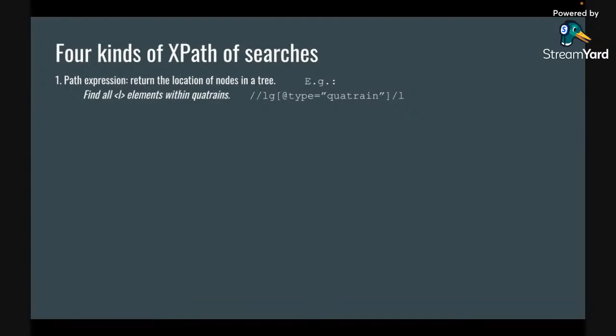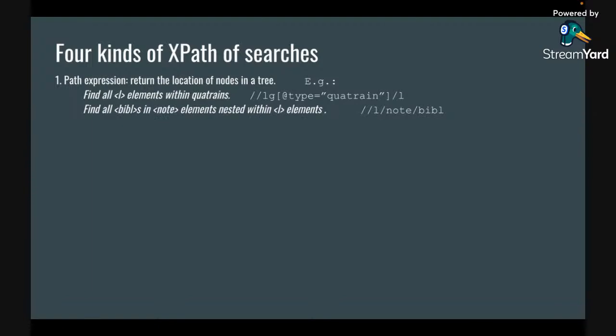For example, if we want to find all the L elements within quatrains, so LG type equals quatrain, we do this /LG, which says take me to all the LG elements that have the type value quatrain. If you have couplets as another type attribute value, you'll ignore those. You're just looking at quatrains and returning the L elements within those quatrains.